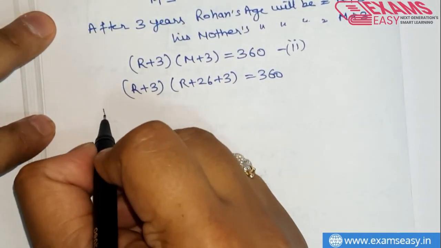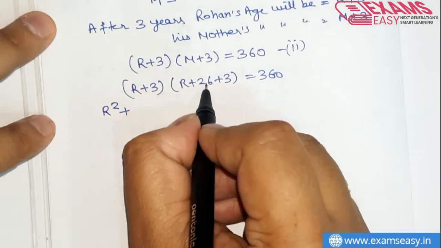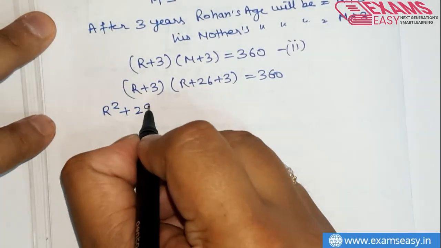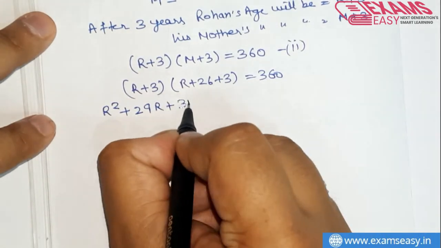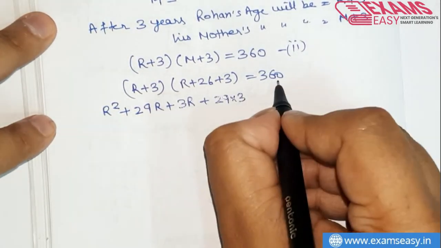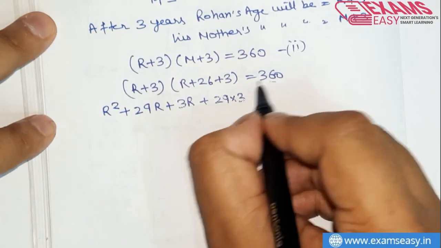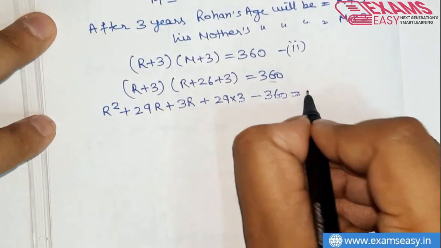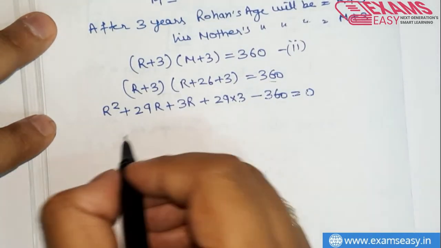Then we get R square plus 29R plus 3R plus 29 into 3, and bringing 360 to the left hand side, it becomes minus 360 is equal to 0. So let us solve this.